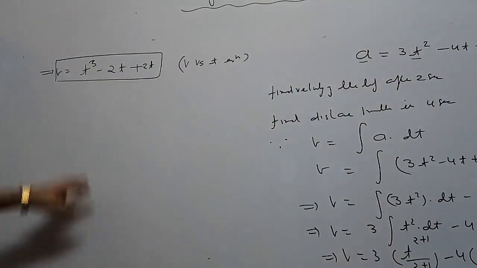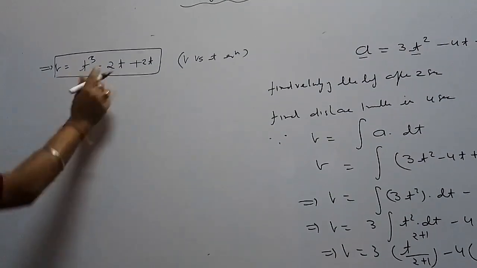Now since they are asking to find the velocity when time is 2 seconds, put t equal to 2.